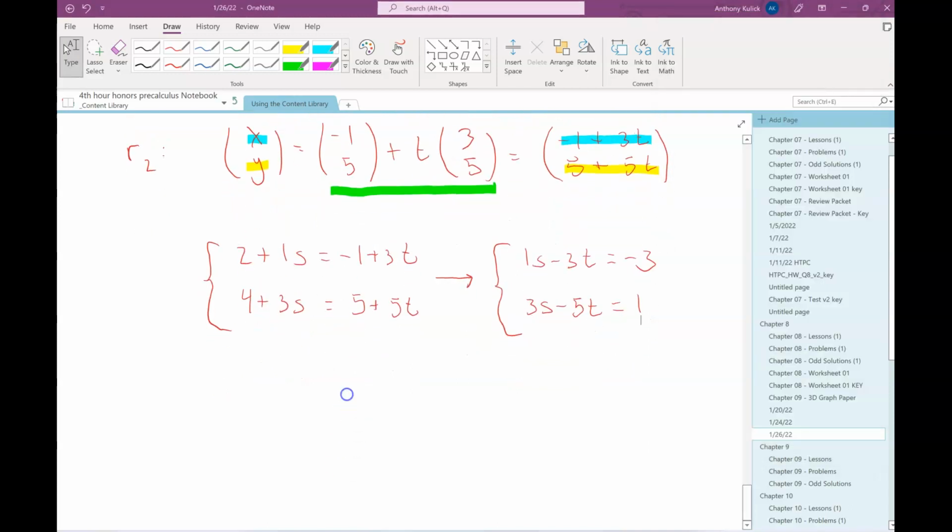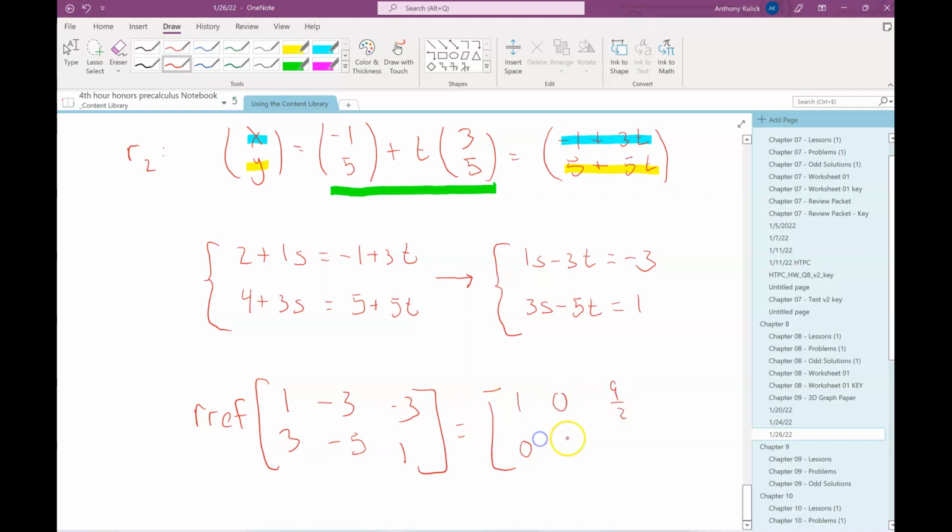Okay, so let's just sketch some notes about what we did. So we did RREF on the matrix here, which output 1, 0, 9 over 2, 0, 1, 5 over 2.